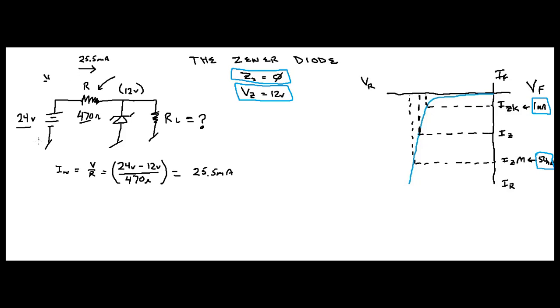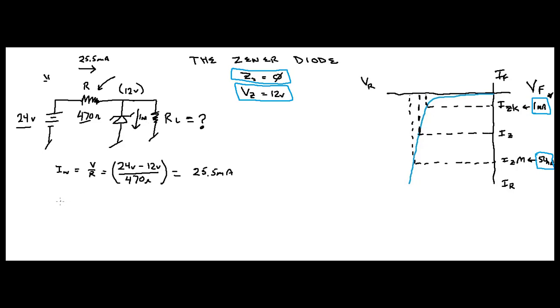Now if you have 25.5 milliamps coming in, for minimum regulation you need to have 1 milliamp going through your Zener. 1 milliamp, right? That's what this is telling you right here, 1 milliamp. So if 1 milliamp is going through your Zener for regulation, how much do you have left?